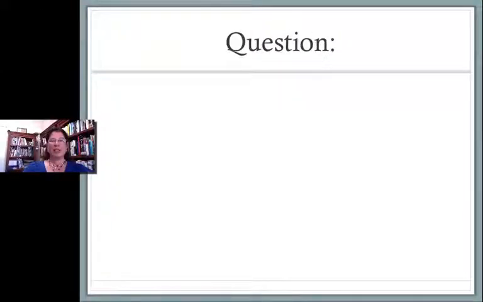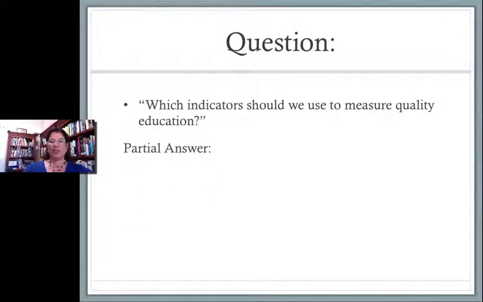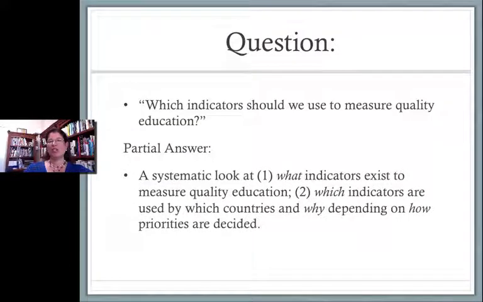So we faced a big question: which indicators should be used to measure quality in education? We have had occasions where government officials throw it out at us: tell me what to measure, or what is the right thing to measure. It's a very interesting question, but we decided to approach it by breaking it down into a couple of pieces.